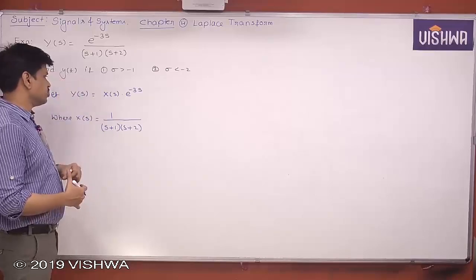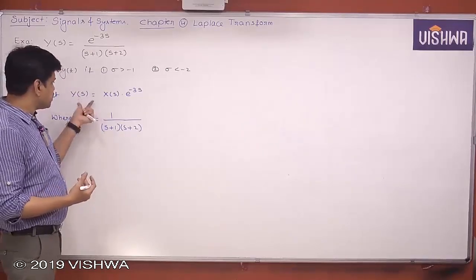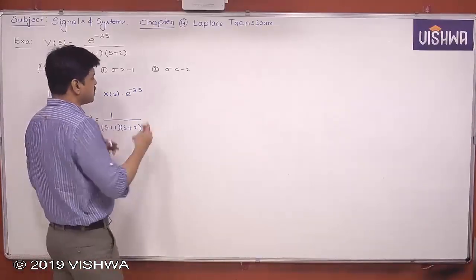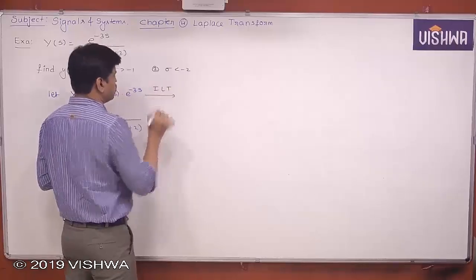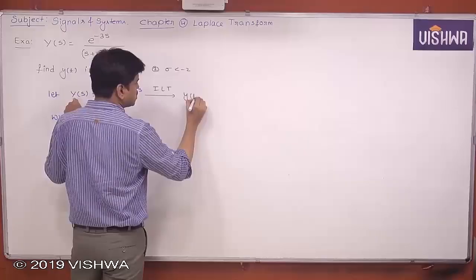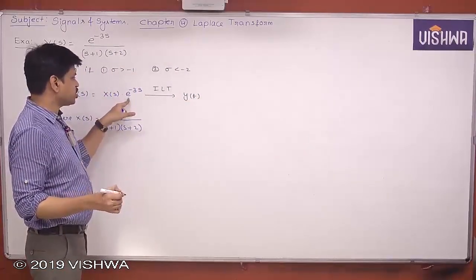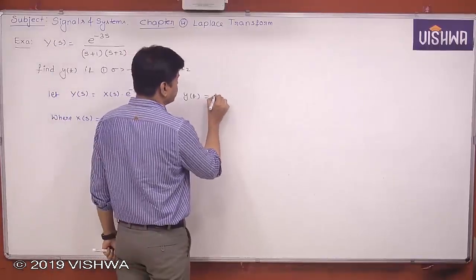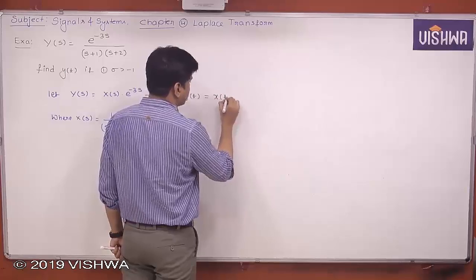Then we have to understand the relation between x(t) and y(t). If I apply inverse Laplace transform, y(t) is equal to x(t) with exponential multiplication in the s domain, which has to be shifting in the time domain. So y(t) is x(t-3).